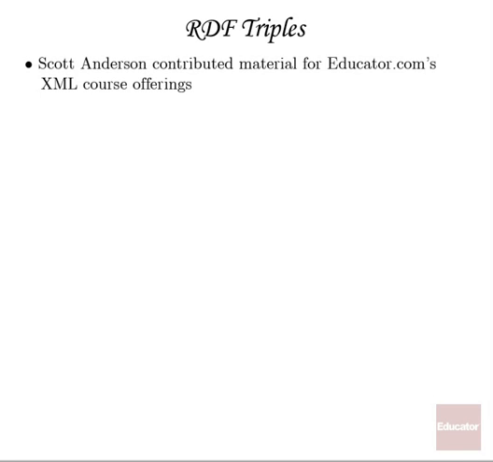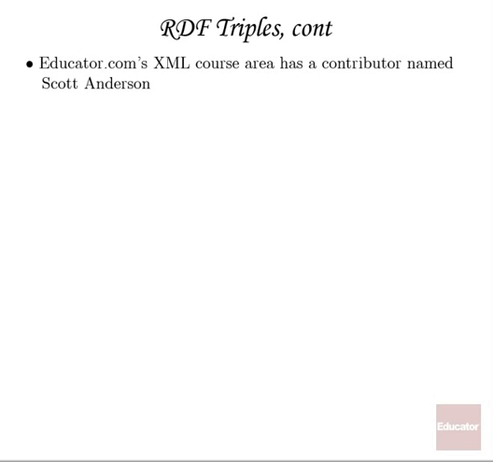Here's an example of how we might set up an RDF triple. Let's say we take a basic statement about a web resource. We'll say that Scott Anderson contributed material for educator.com's XML course offerings. That's how we might state it in basic English. Here we have the same statement, only formatted in a slightly different order to facilitate getting it into an RDF triple.